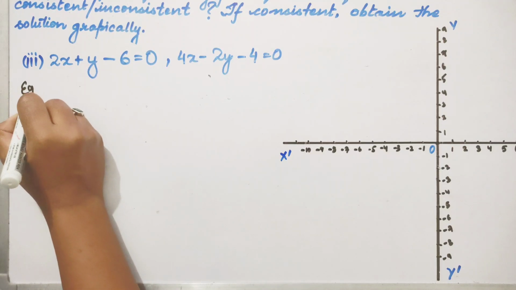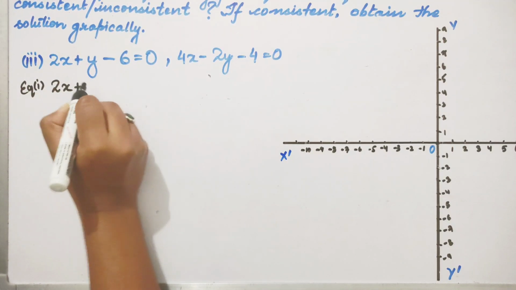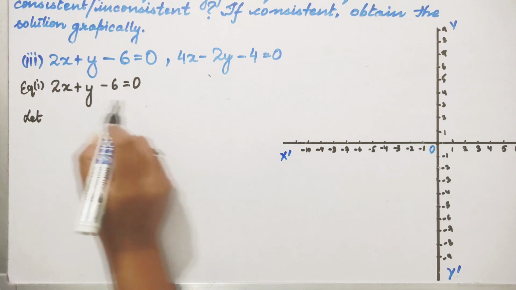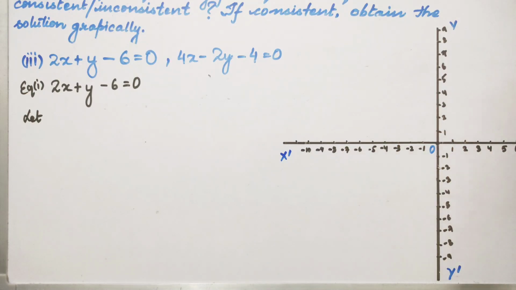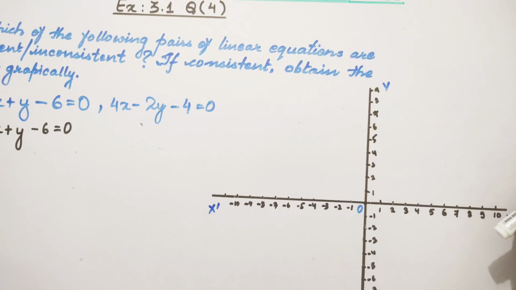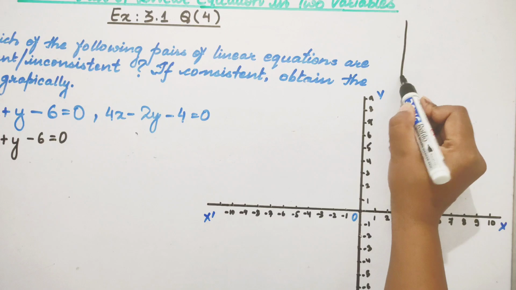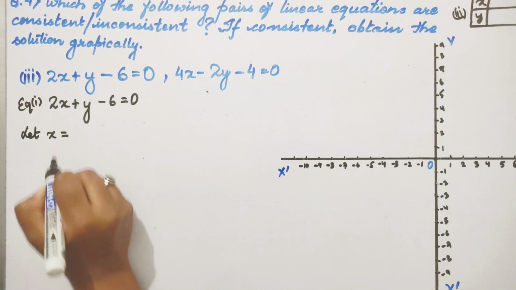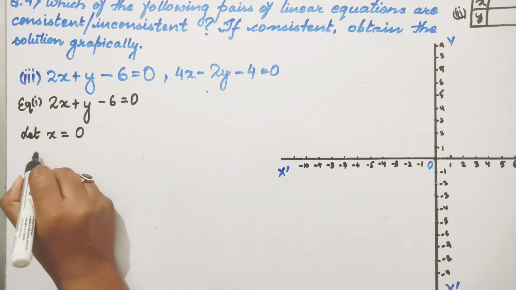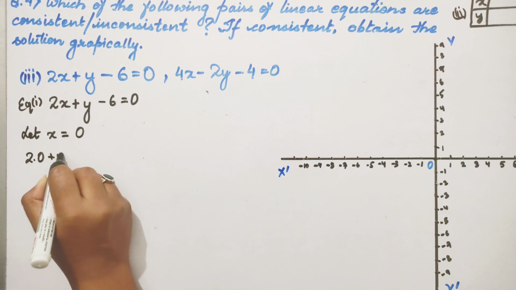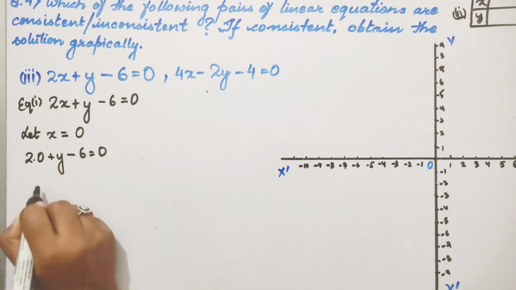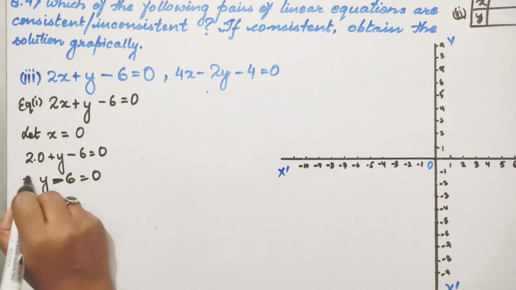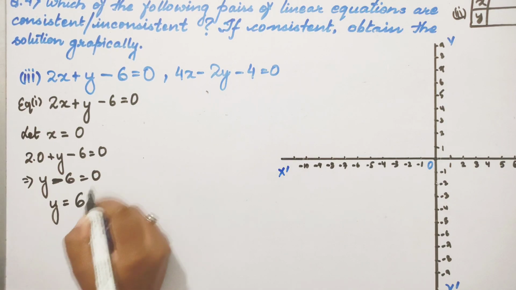To find the solution, let's again write equation 1, that is 2x plus y minus 6 equals to 0. Let me write it over here so that it will be visible later on. For two values, let x equals to 0. Then 2 into 0 plus y minus 6 equals to 0, and we get y equals to 6.